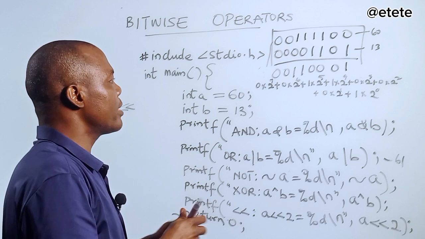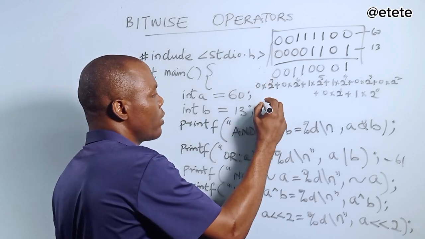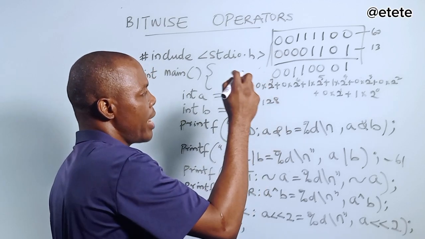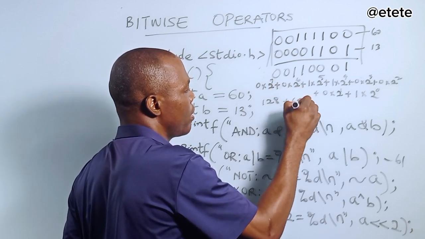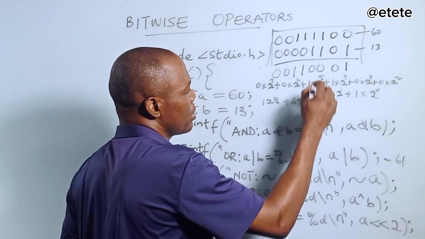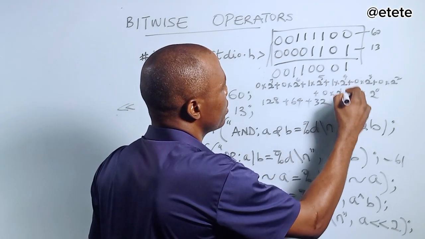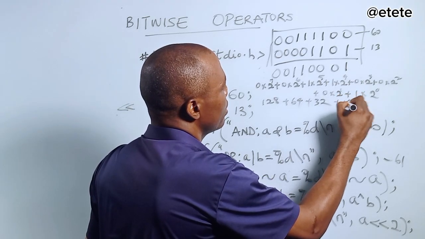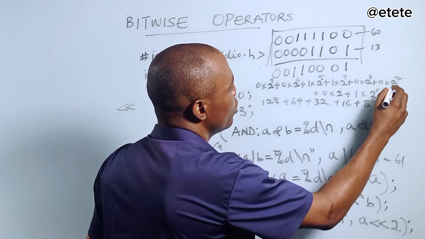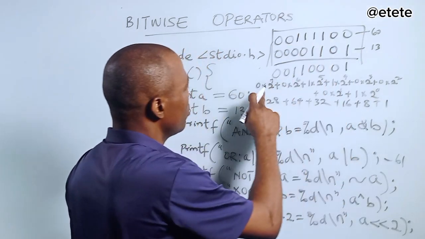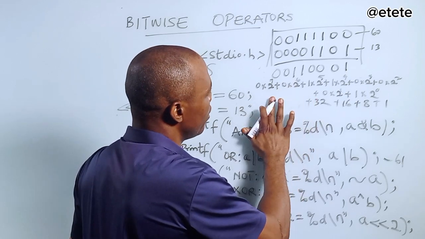So in converting this to decimal, 2 raised to power 7 will give us 128, right? So if this is 128, this will be plus 64, this will be plus 32, then this one will be plus 16, and this will be plus 8, and this will be plus 1. Because this is 0, this will be off. This is 0, this will be off.